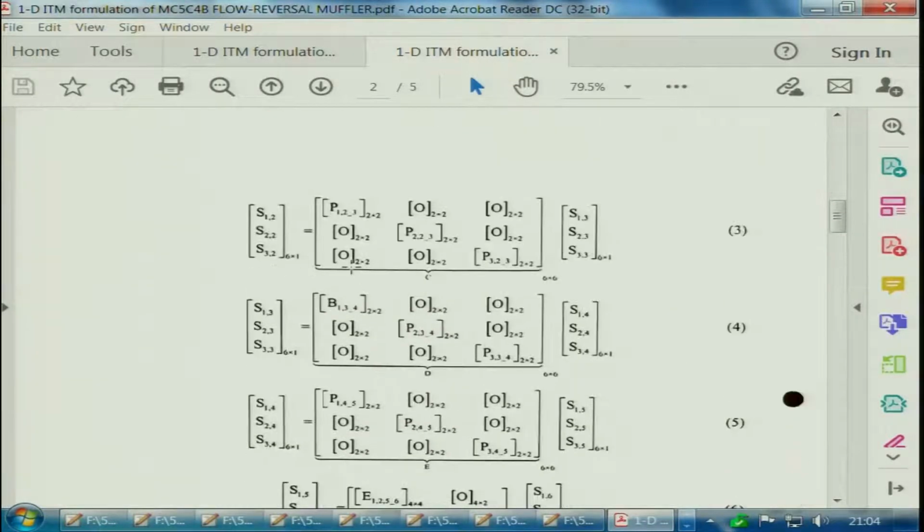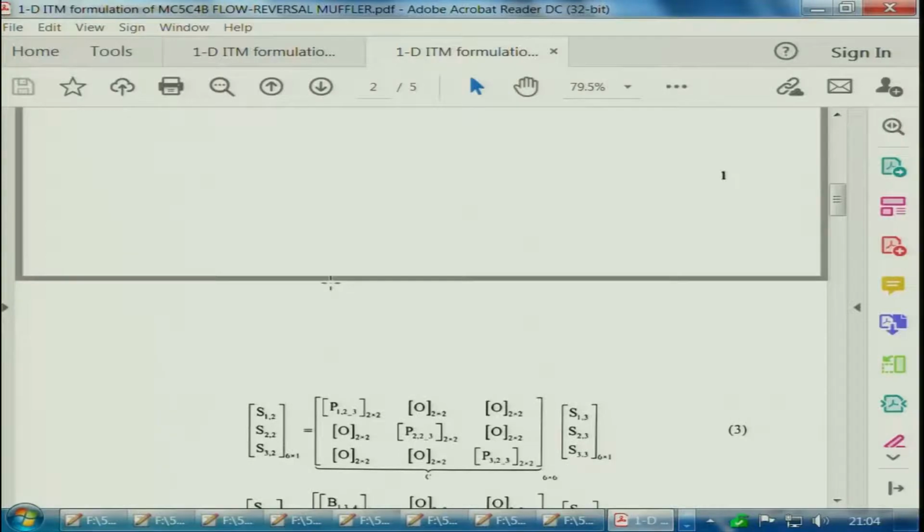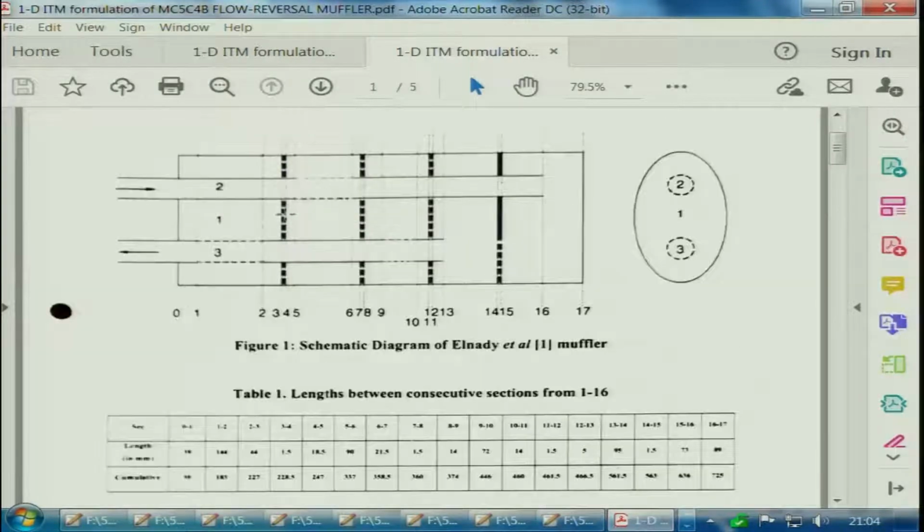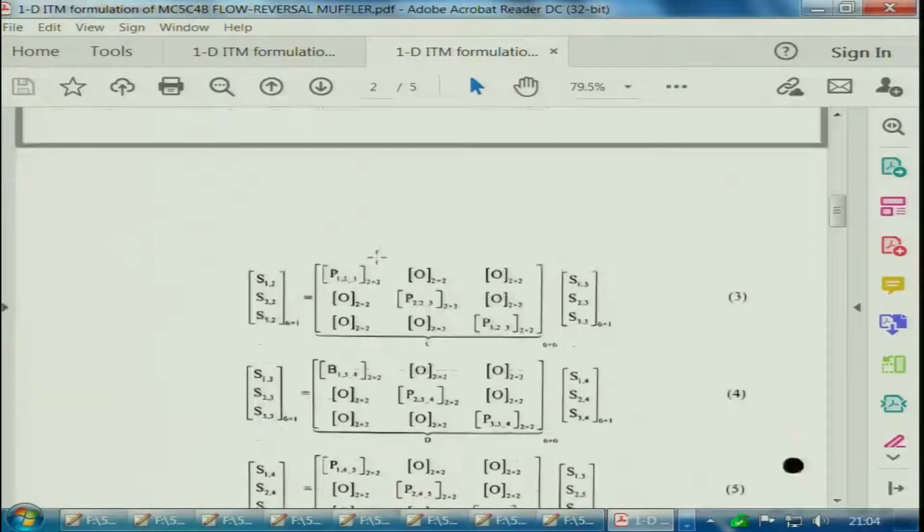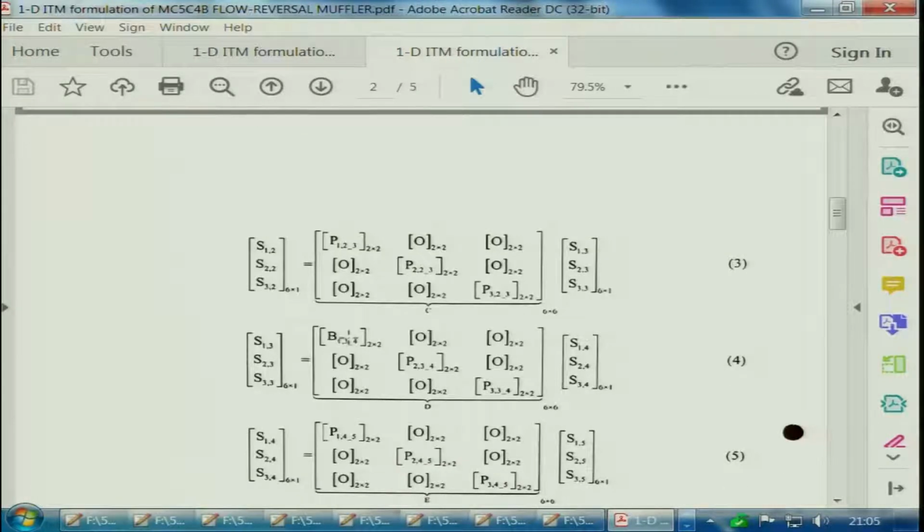This is related by a B matrix, which is nothing but P4 minus P3, the pressure across the baffles, equal to rho naught C naught times the velocity. So it leads us to this kind of transfer matrix across 3 and 4 for the first annular region, and for the tubular region it is just the conventional matrix, and everything else is 0.